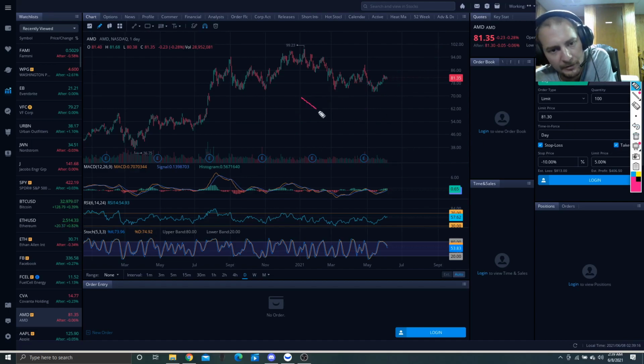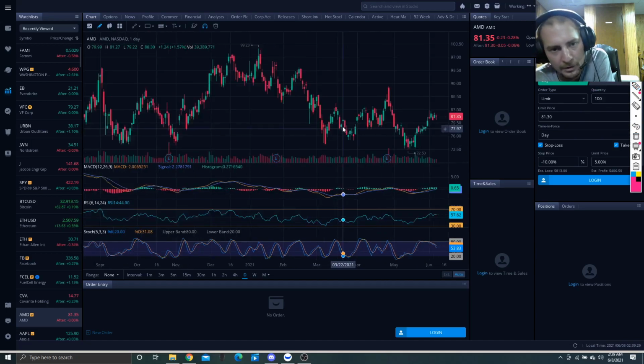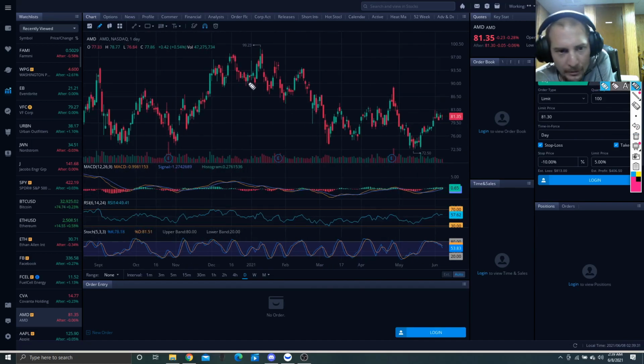And then same thing for your downtrend. This is your swing high, this is your swing high, and then you have swing lows in your downtrend, right? So let me show you what those look like on the chart. Right now, we can obviously tell that this is in a downtrend. This is a swing high, this is a swing high, this is a swing high, then you have a swing high here, and a swing high here, and then here you have a swing low, a swing low, a swing low, and a swing low.